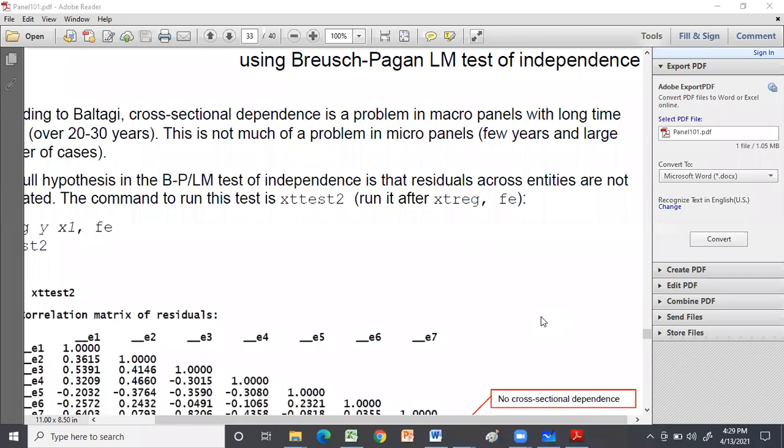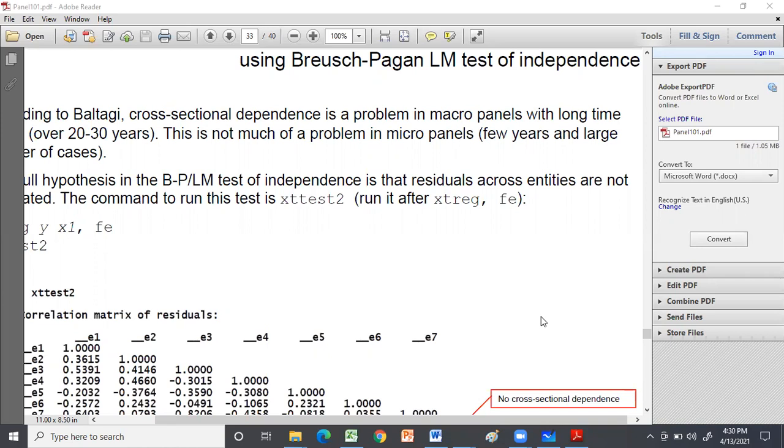So your null hypothesis is that the residual estimated from one panel should not be correlated with the residual estimated from the other panel. একটা প্যানেলের রেসিডুয়াল যাতে আরেকটা প্যানেলের রেসিডুয়ালের সাথে কোনোভাবে ডিপেন্ডেন্ট হতে না পারে বা রিলেটেড হতে না পারে, that is why we are doing this cross-sectional dependence test. Is the objective clear to everyone?